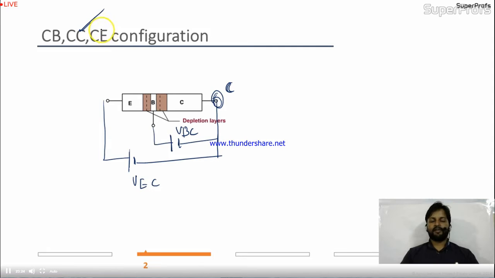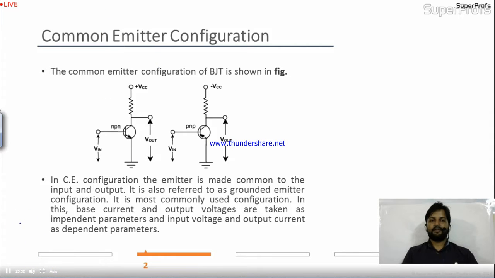Similarly, if you make the emitter part of the BJT common, it will be common emitter, okay? Now we'll see details about common emitter configuration. The common emitter configuration of BJT is shown in figure, right? So friends, this is the NPN transistor.